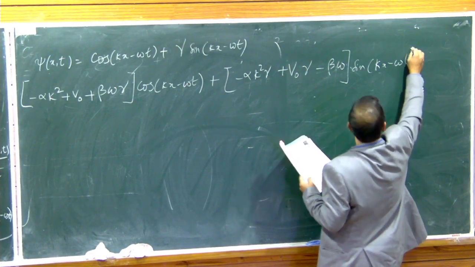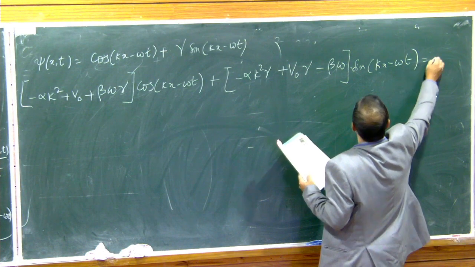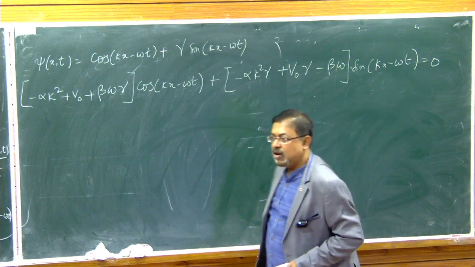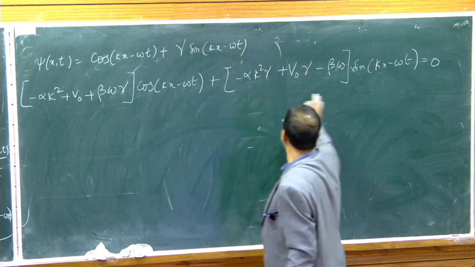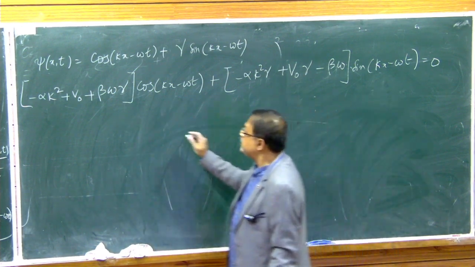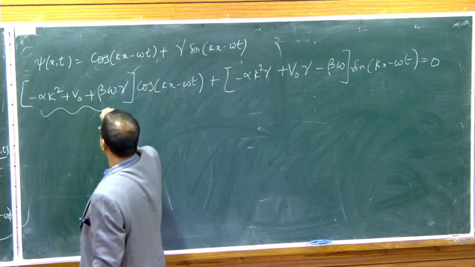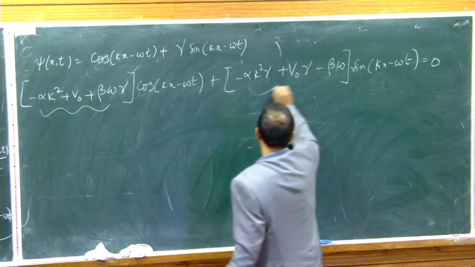This is equal to 0. And of course, if you see this equation, it cannot have cosine and sine equal to 0, which means that if the right hand side is equal to 0, then the coefficients should vanish.